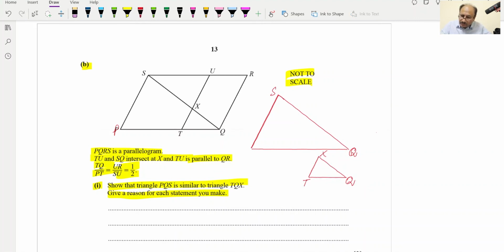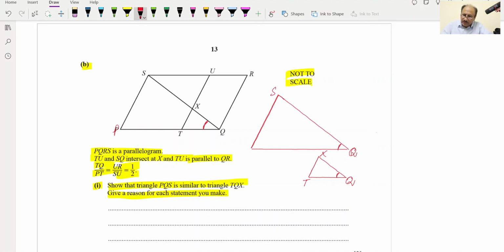So TQX. Now we can see this angle is common in both.